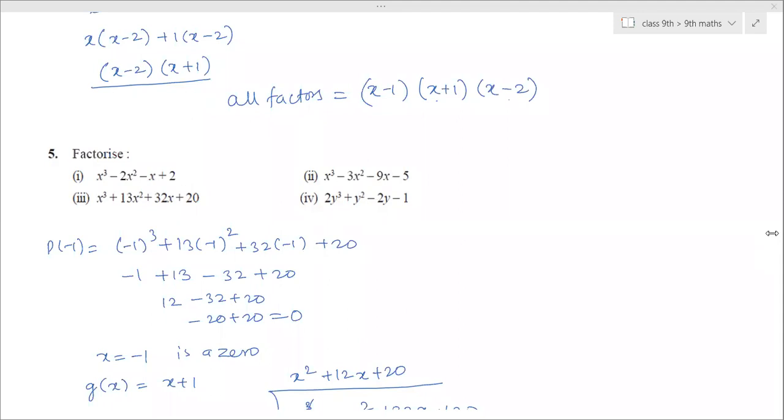Completed? Everyone? Now we have to start science. Ma'am, is there class tomorrow? Tomorrow class is there, yes, early in the morning. It is 8 o'clock. 8 to 9 maths and 9 to 10 science.